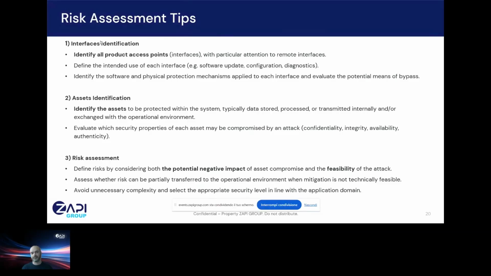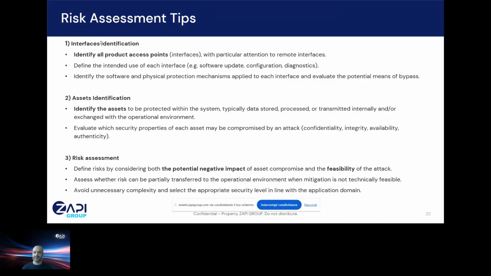In particular, a complete list of the assets needs to be created, and for each asset, identify what cybersecurity properties can be compromised by an attack. Typically, the cybersecurity properties are confidentiality, integrity, authenticity, and availability.